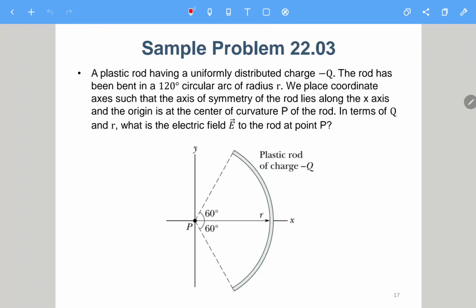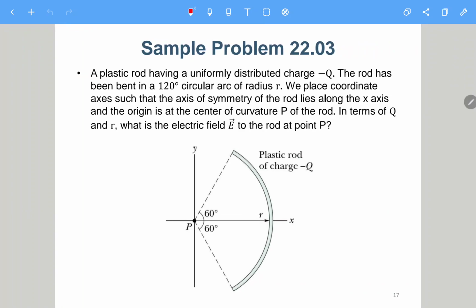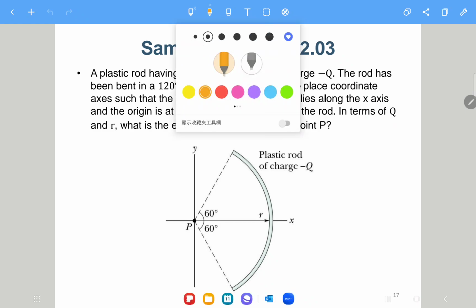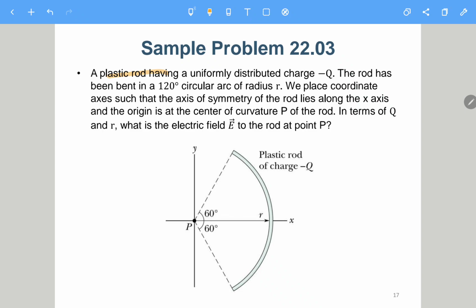Okay, so next we have a sample problem. We try to become familiar with how to use calculus to solve the problem. Here, rather than a whole circle, we only have an arc. It says a plastic rod has a uniformly distributed charge negative Q, though it doesn't really matter whether it is plus or negative.